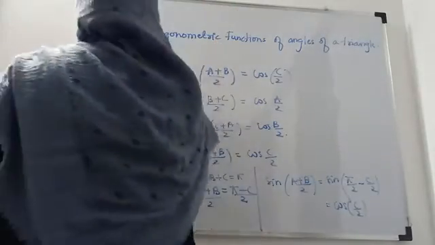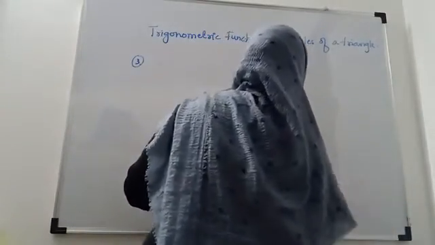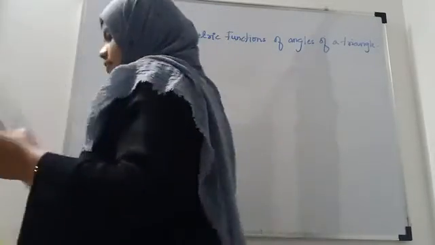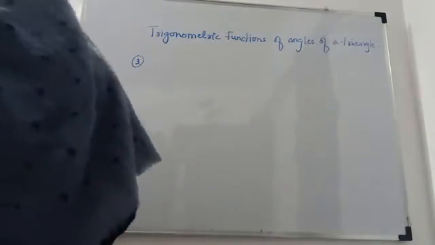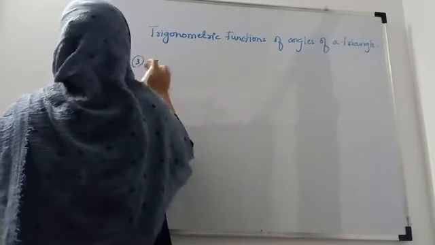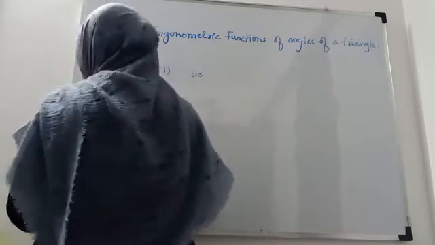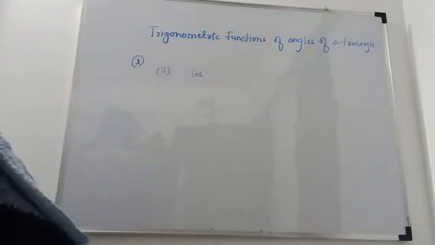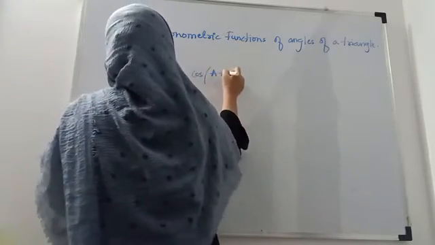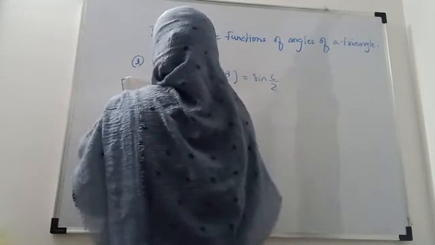So the formula is: cos of (A plus B) upon 2 is equal to sin C upon 2.